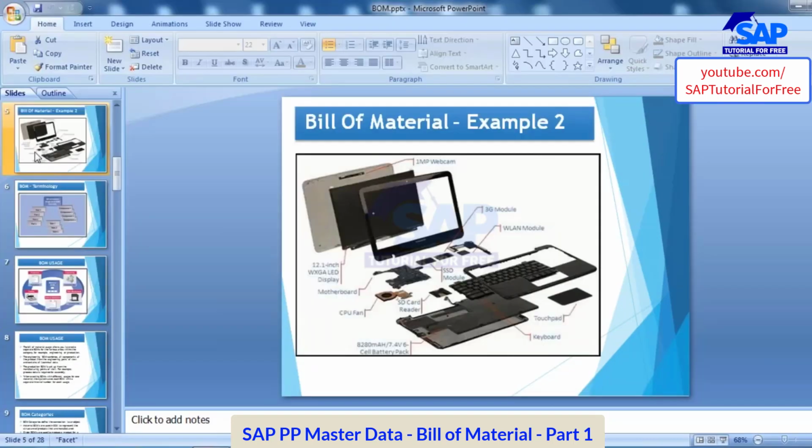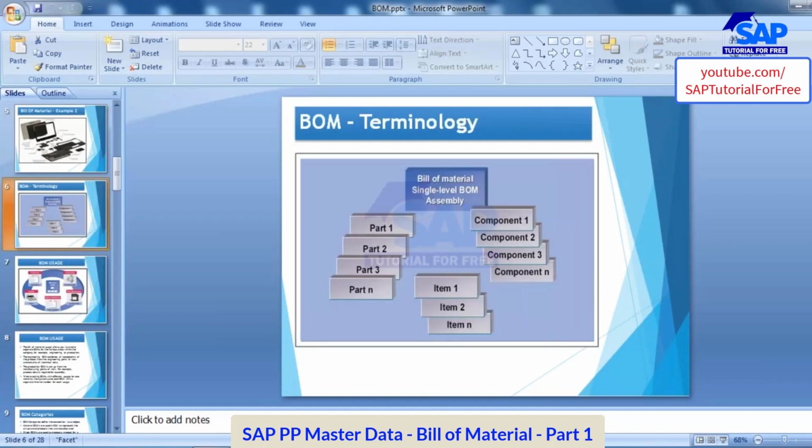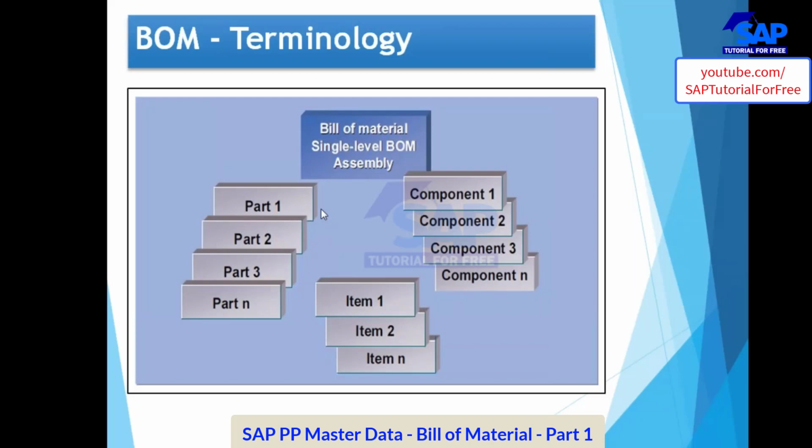Before going into the bill of material creation, we need to understand some terminology. The product you are going to manufacture is called the header material, and sometimes it is called assembly.